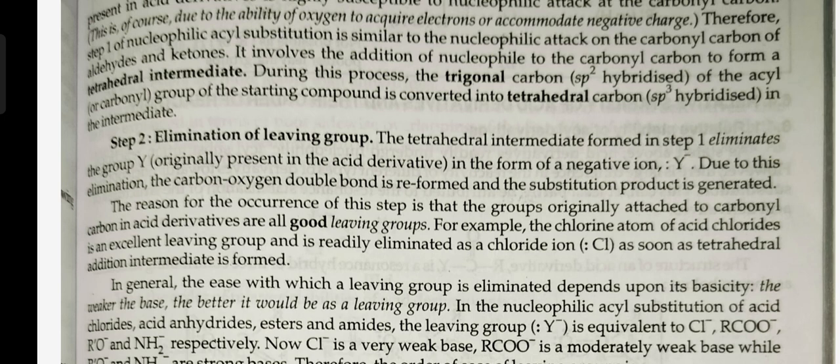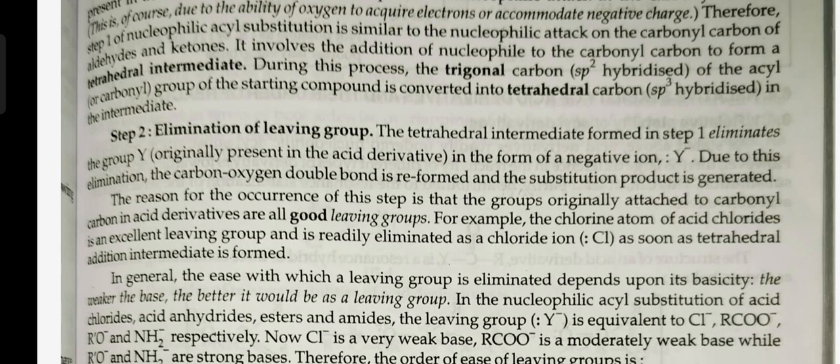Step 2, elimination of the leaving group. The tetrahedral intermediate formed in step 1 eliminates the group Y, originally present in the acid derivative, in the form of a negative ion, Y-. Due to this elimination, the carbon-oxygen double bond is reformed and the substitution product is regenerated.